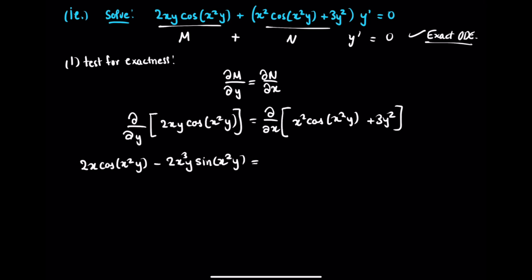Now we do the same thing on the right hand side. Again, by the product rule, we get 2x cosine x squared y minus x squared sine x squared y, and then the derivative of the inside in terms of x is 2xy. Combining the x's, you get 2x cubed y sine x squared y.